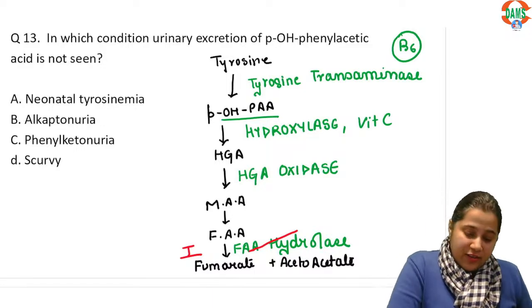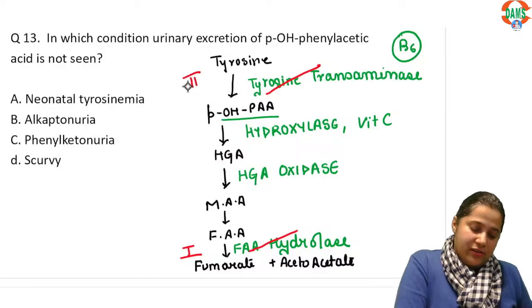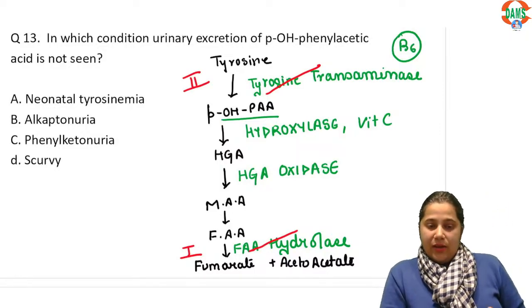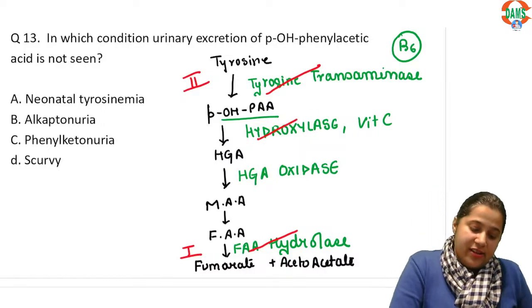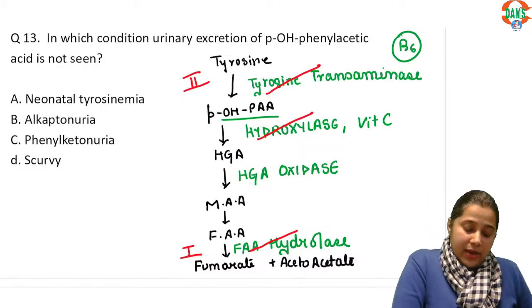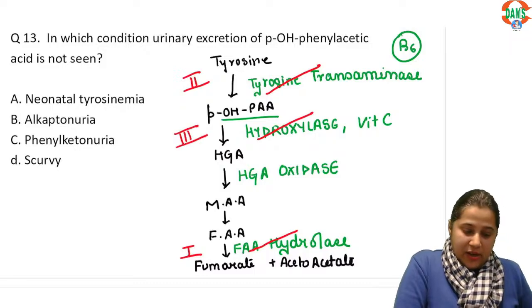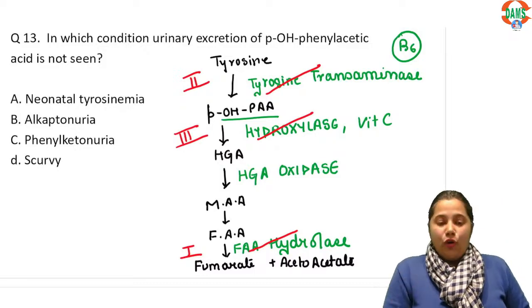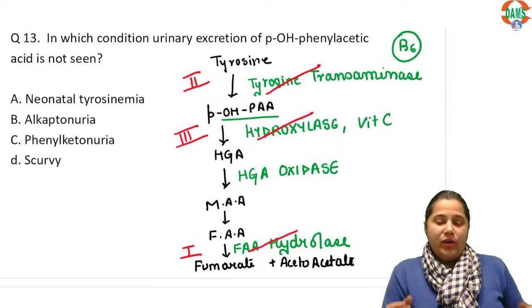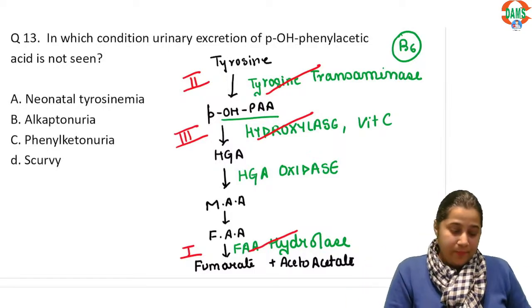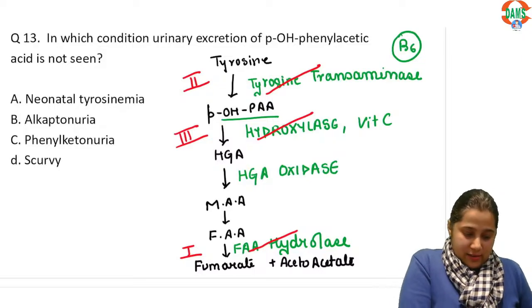If the first enzyme is deficient, it is tyrosinemia type 2. If the hydroxylase, the second enzyme, is deficient, then it is tyrosinemia type 3, which is also known as neonatal tyrosinemia.